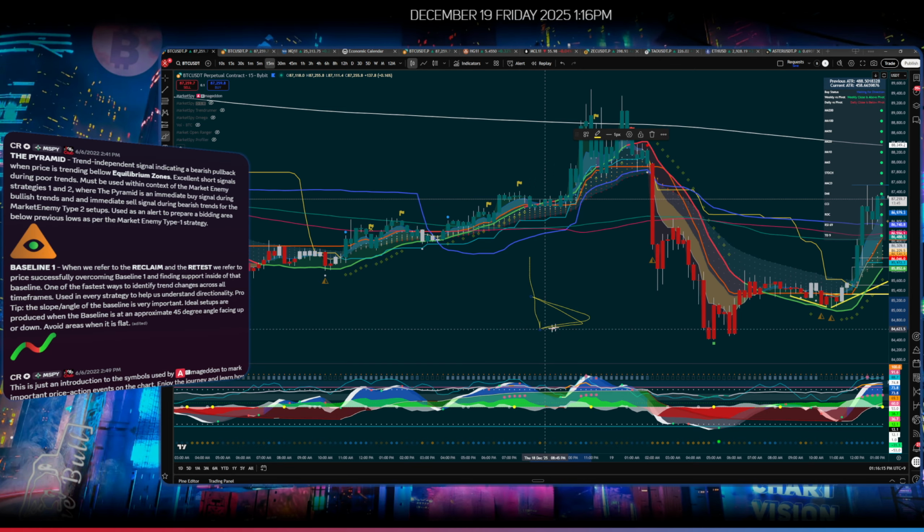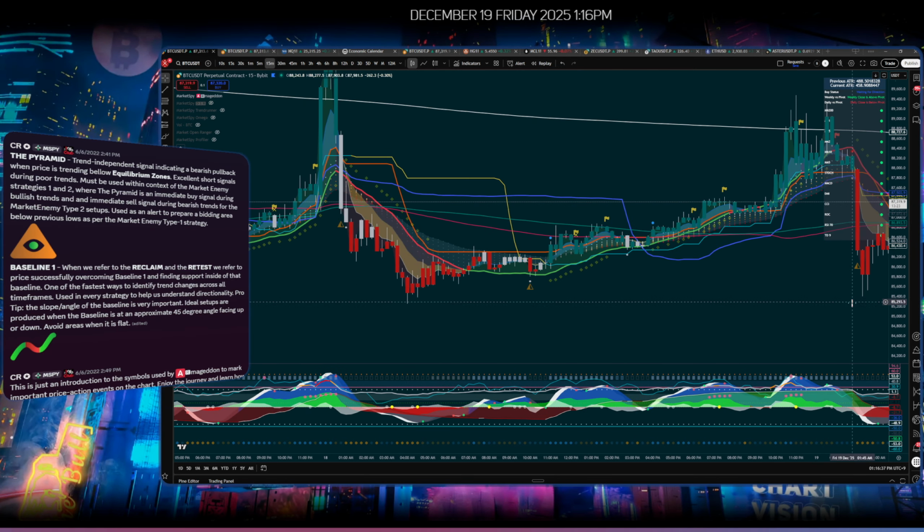It looks like a B, so let's call it the base. Once it's found the base, and let's say there's support, there's some other confluences here, we have a baseline. Price reclaims the baseline, retests the support of the baseline, and you have pyramids over here. This is a buy signal. And so hopefully that is clear.